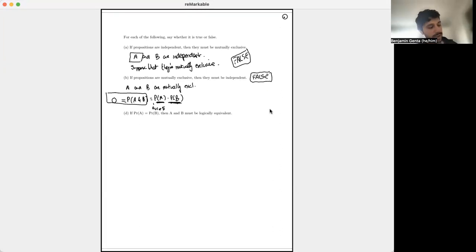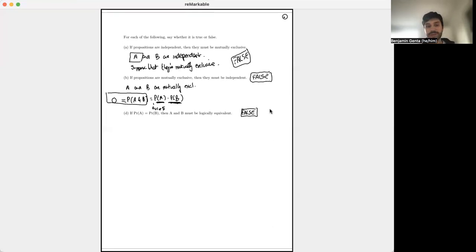Okay, so how about the last question? If the probability of A is equal to the probability of B, then A and B must be logically equivalent. And this is, again, also false. What's true is the other way around. If A and B are logically equivalent, then the probability of A is equal to the probability of B. That's by rule 3 that I gave you.